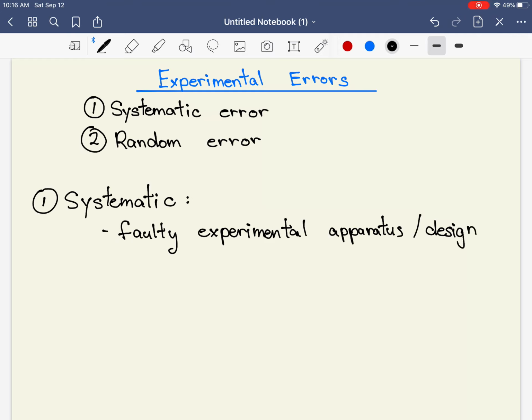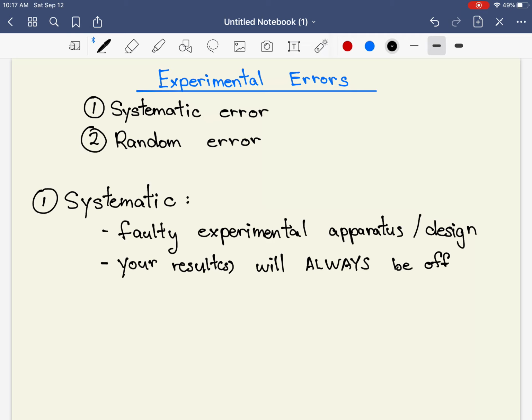Your procedure just tells you to use too much or too little, which will give you an inaccurate result. So your results will always be off.